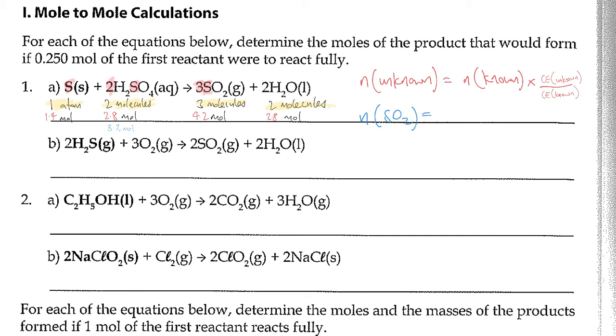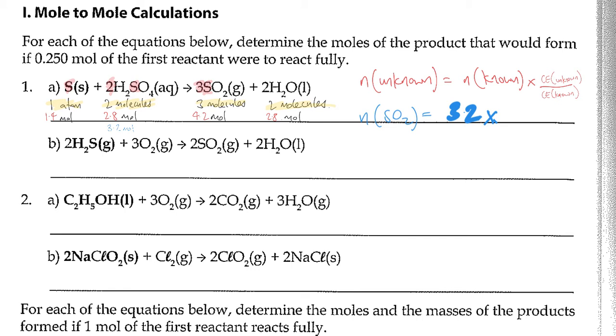What would I write? I would have to write out the number of moles of my known. My known is the one that I know the amount of, which is the 3.2. All right, 3.2 over here, times.